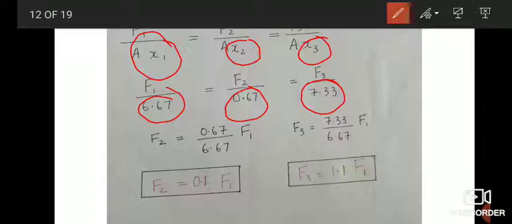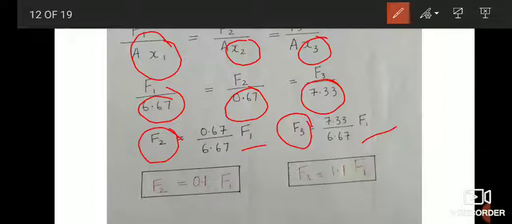So for easiness you may convert F2 and F3. You may convert either of two of these into a single one, like F2 can be written in terms of F1 or F3, or F1 and F3 can be written in terms of F2, so you can choose any one. So I have written here F2 in terms of F1 and F3 in terms of F1.